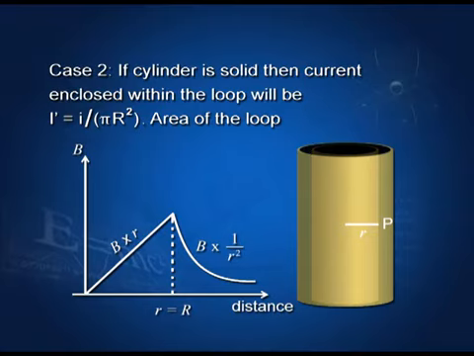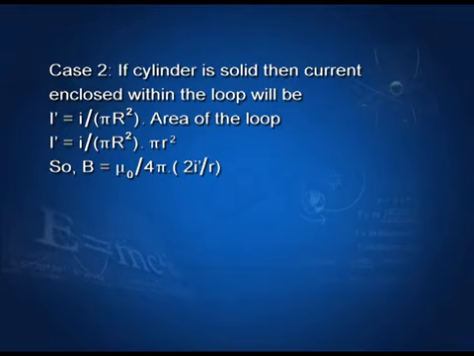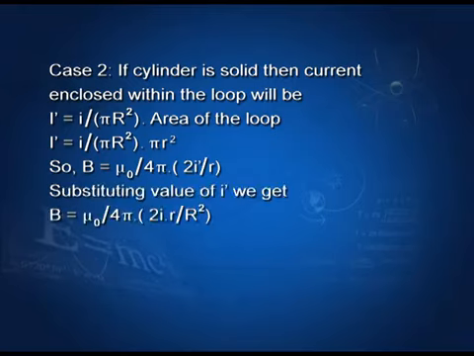As a result, we get I dash equals I divided by pi capital R square into pi small r square. Here pi small r square is equal to the area of the shaded loop. Substituting this value of the current in the magnetic field, B equals mu naught upon 4 pi, 2 I dash upon r. We get B equals mu naught upon 4 pi, 2 I into r divided by capital R square.